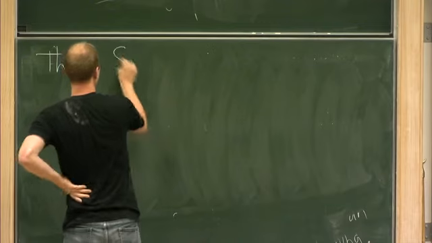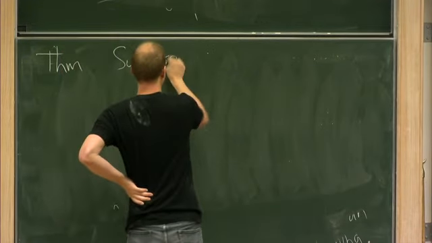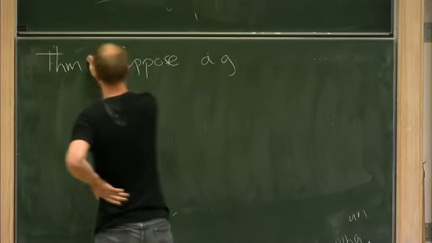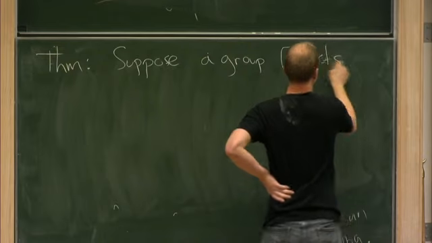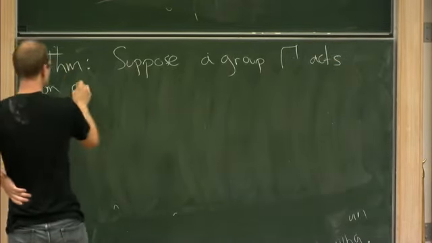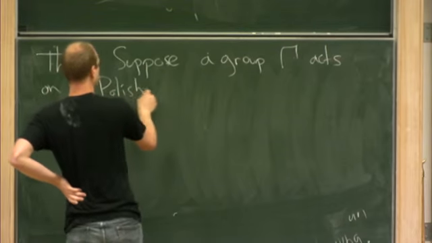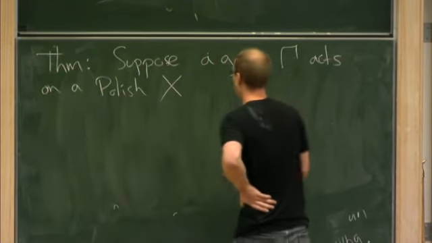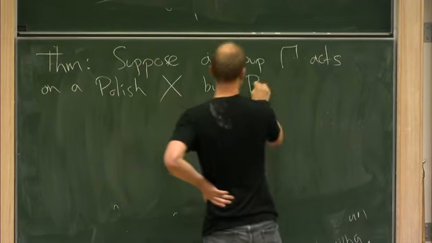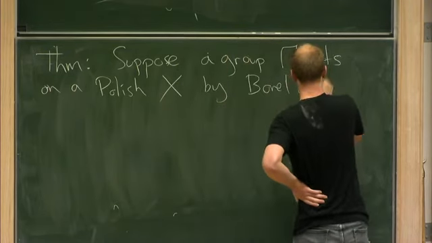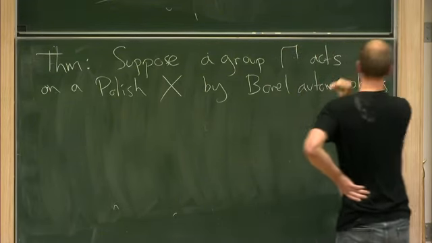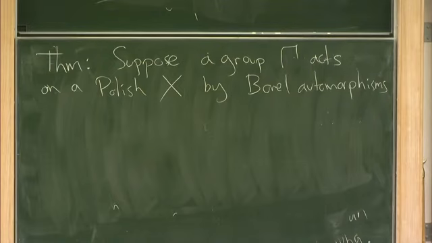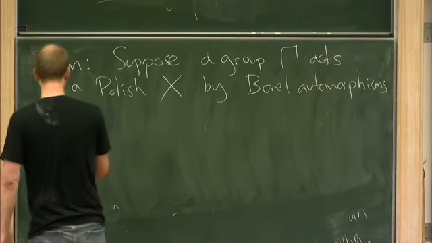Here's the theorem. So suppose a group gamma acts on a Polish space X by Borel automorphisms. So what I'm about to do, of course, the action needs to be in some sense definable to have any hope of proving a theorem like this.